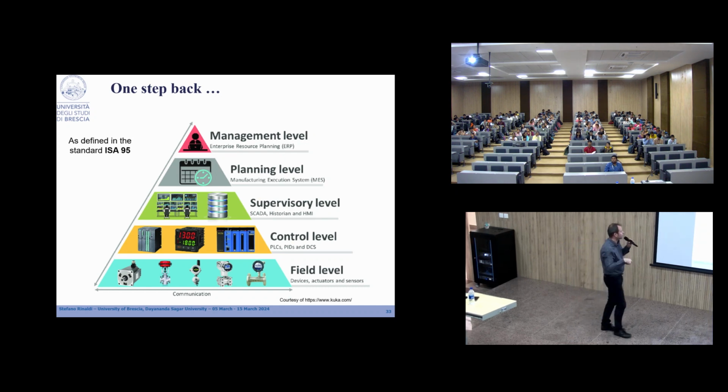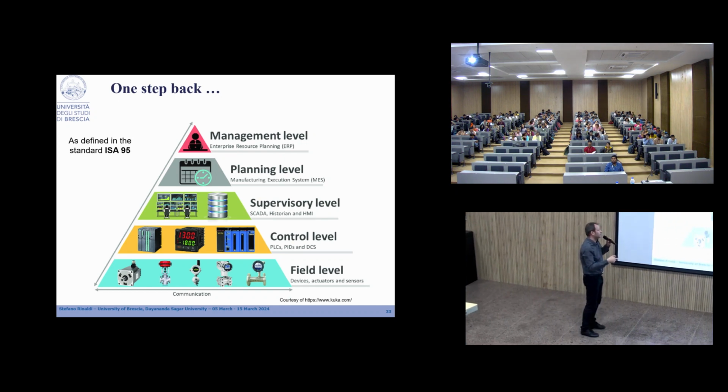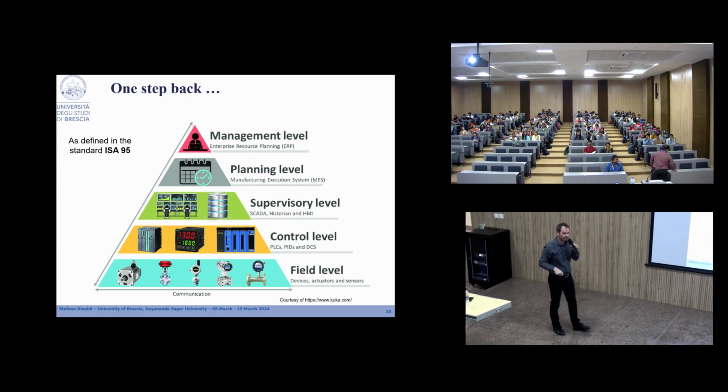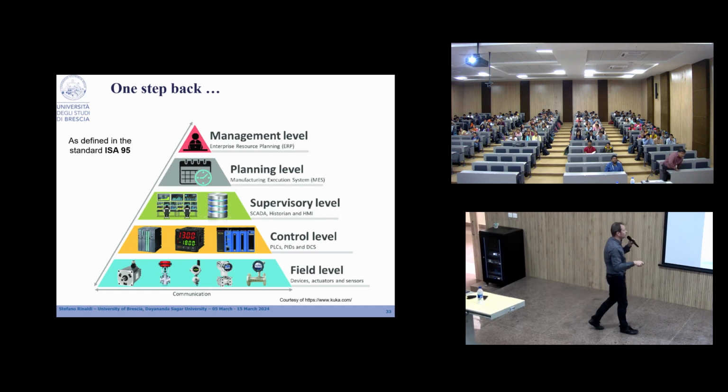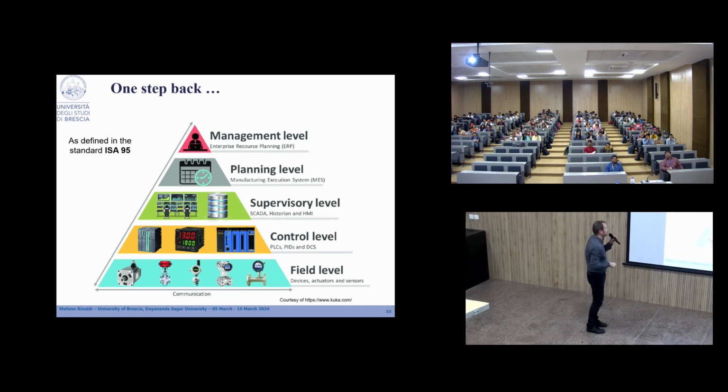As I mentioned before, it's not possible for a SCADA system at supervisory level to acquire directly the information from a sensor. So the vertical communication is performed only between close layers.